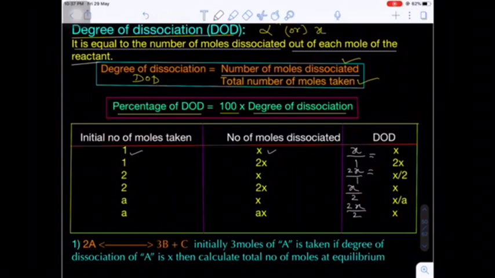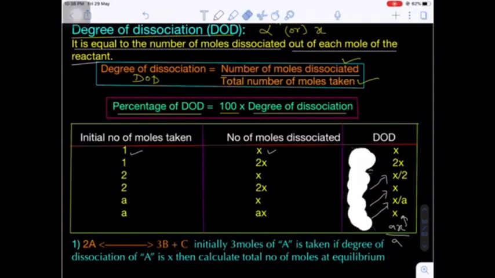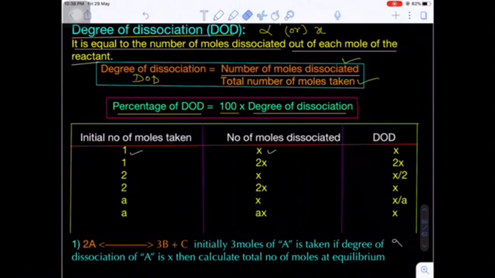That will be X. Next case, X mole dissociated, A moles taken, so X by A. And in the last case, AX moles dissociated out of A moles taken, so this will be the answer X. So this is the degree of dissociation.